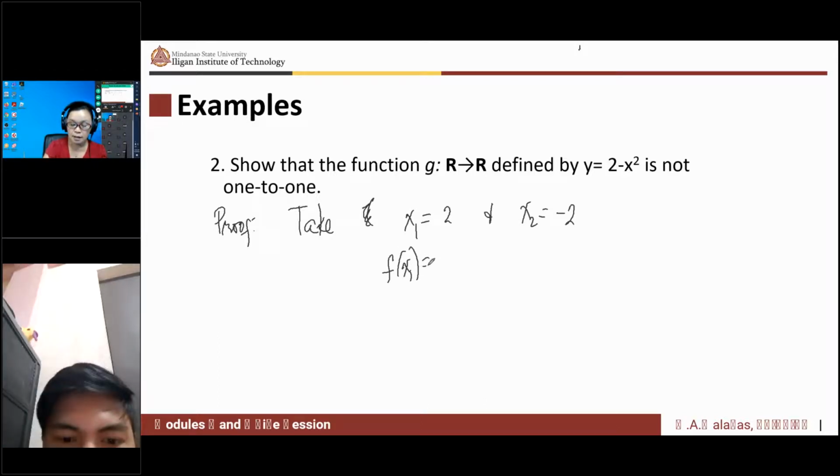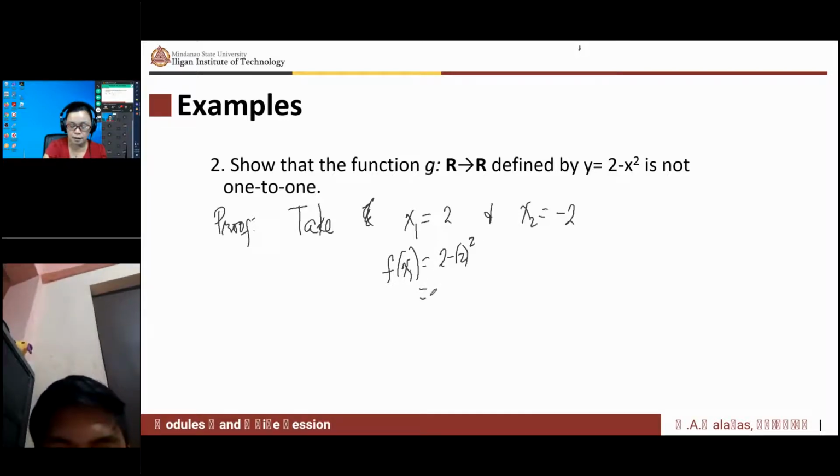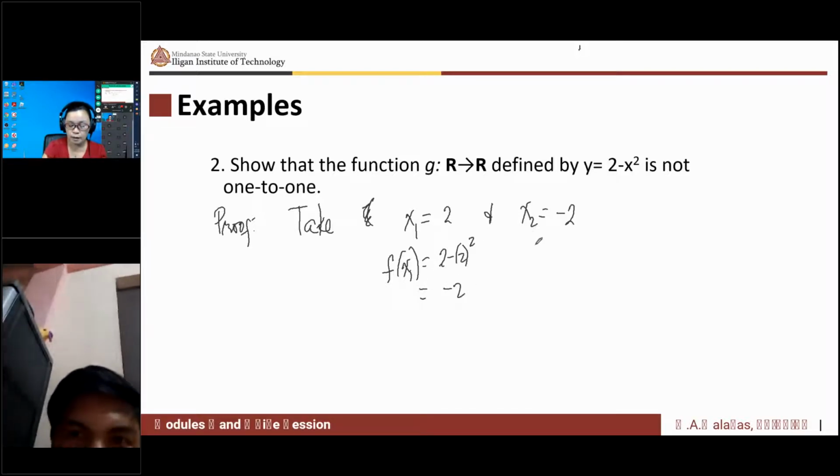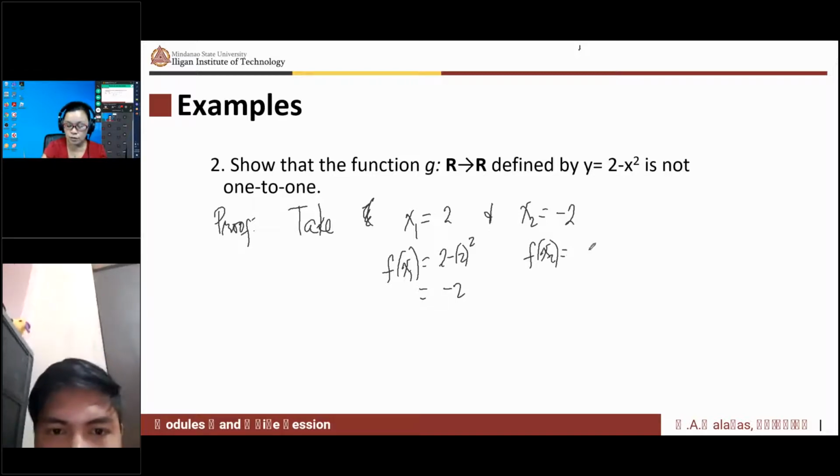We get 2 minus 2 squared, that is -2. And what is f of x2? We get 2 minus (-2) squared, and that is also -2.